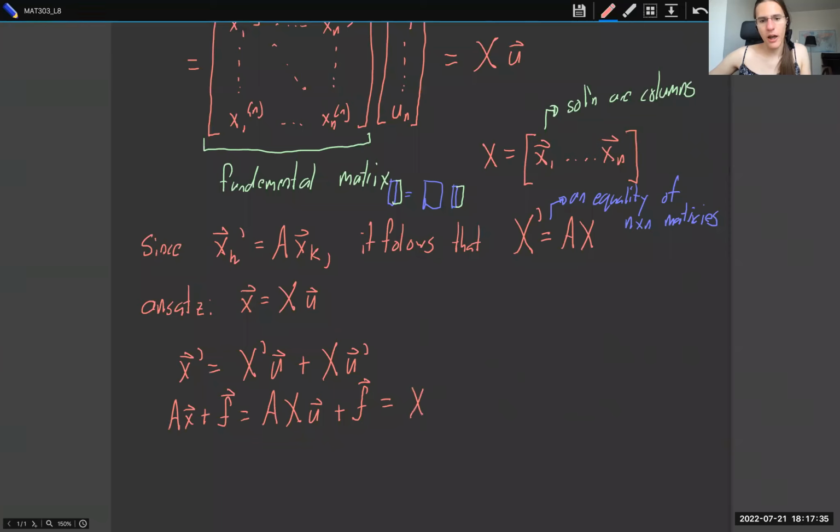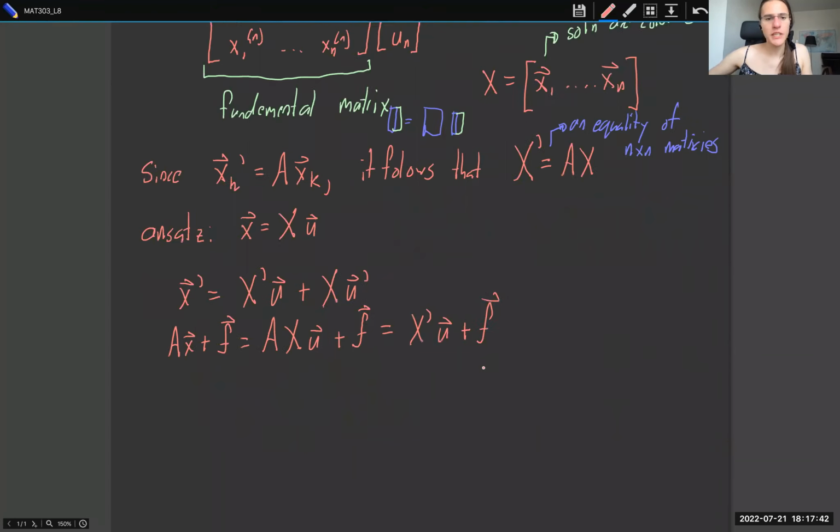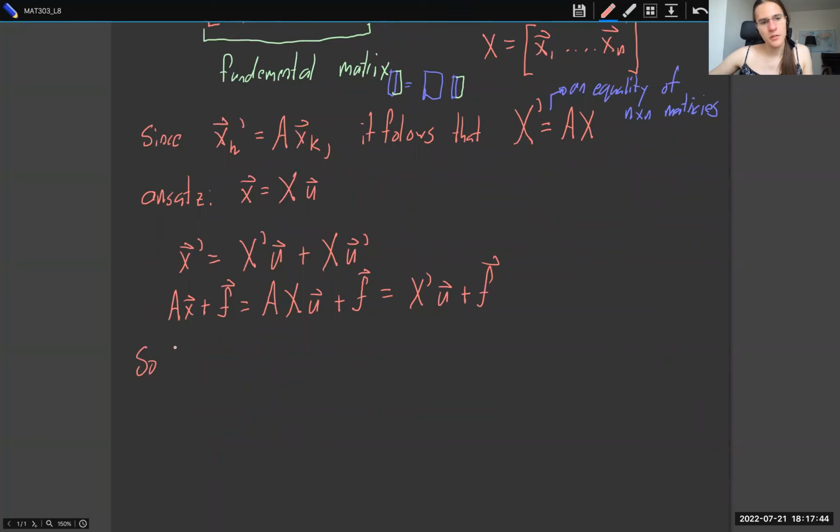So we get X prime U, which is what we have here, plus f. So the equation is solved when we have that X prime U plus X U prime is equal to X prime U plus f.